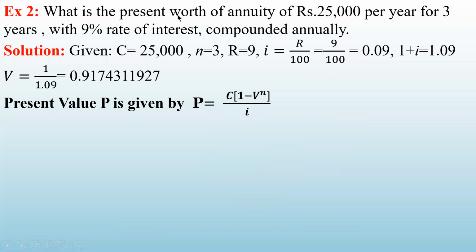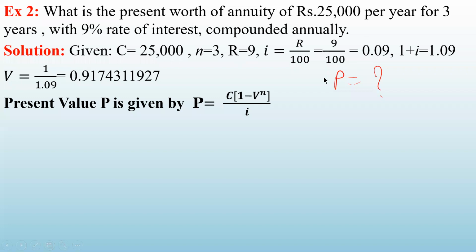So let us write down what is given and what is asked. You have to find the value of P. 25,000 is the value of C. It is paid per year for 3 years, so N is 3. The rate of interest is 9%, so R is 9.